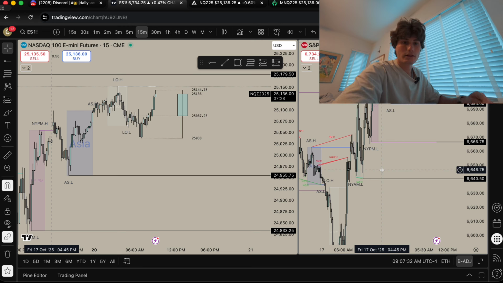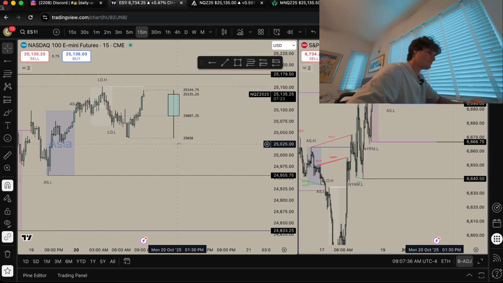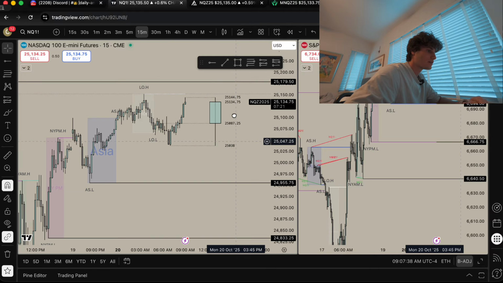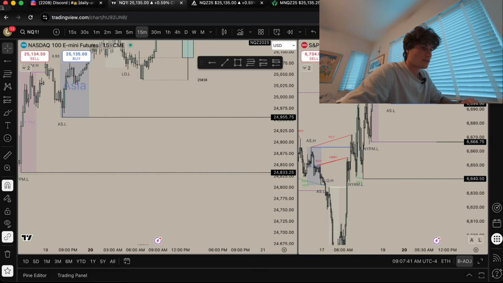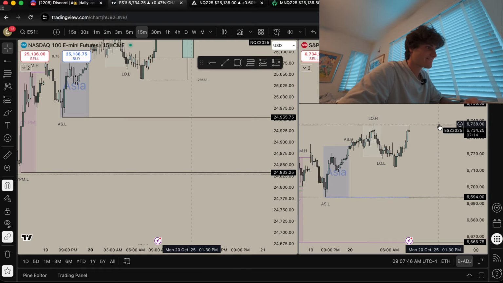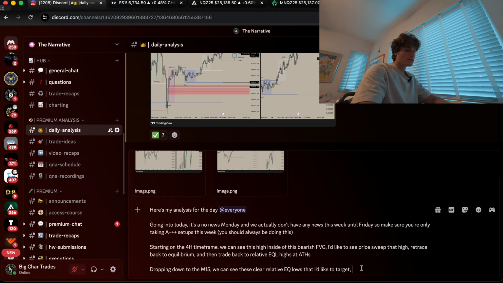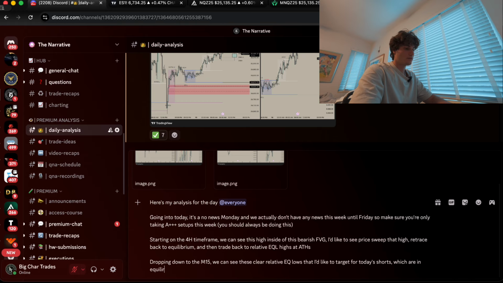Also, this is my bed head, so apologies if it's horrible. Okay, let me post to the Discord. You see the relative target for today. Shorts, which are in equilibrium of this move to the upside.